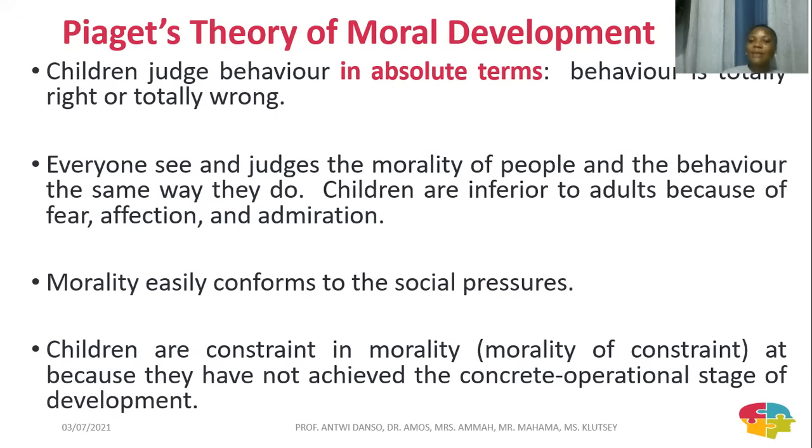Children are inferior to adults because of fear, affection, and admiration. So morality easily conforms to what? Social pressures. Once your parents, your teacher, your pastor says this is right, or you do something wrong and they punish you for that action, it means that particular action is wrong. But if you do something and you are praised for that action, it means that particular action is right.